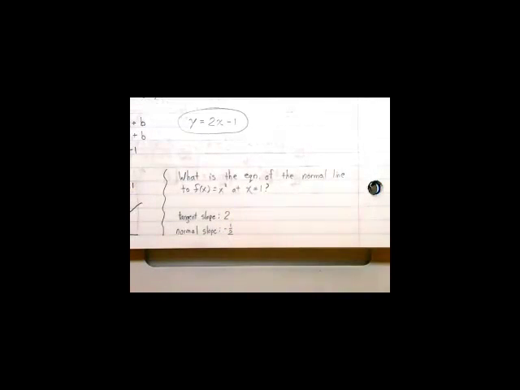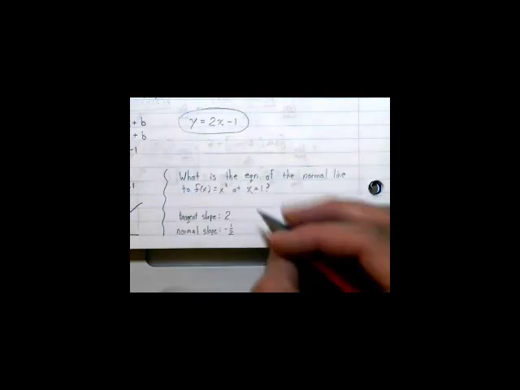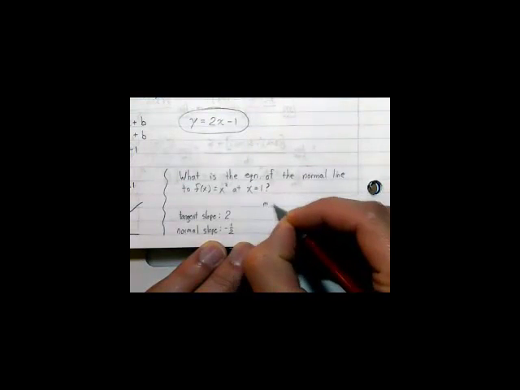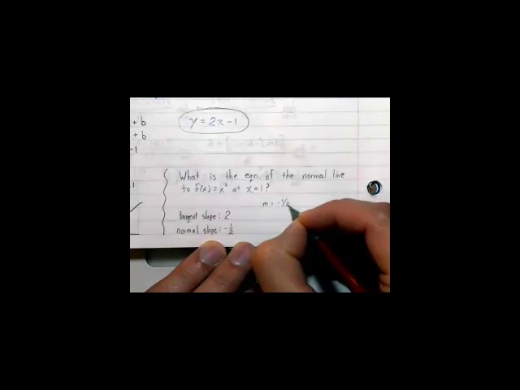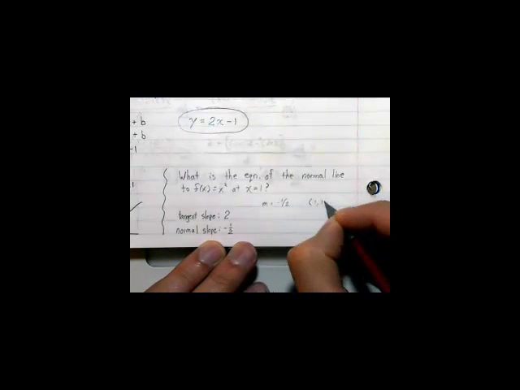And again, don't we still have a point it goes through? The tangent and the normal both go through that same point. So we used the point (1, 1) in getting the equation of the tangent, so let's use the point (1, 1) again to find the equation of the normal. So we're looking at an m of negative 1/2 and point (1, 1).